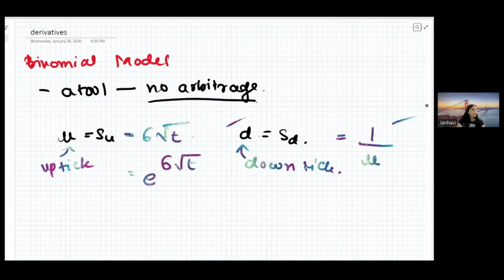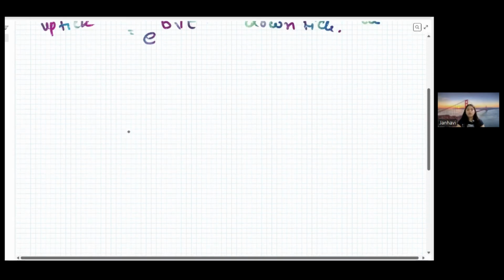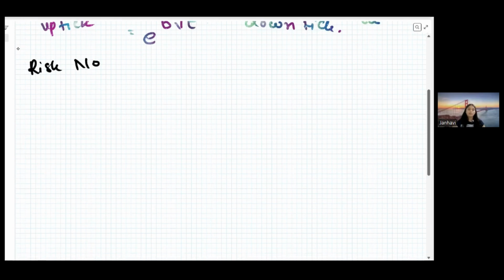Now moving on, we have to learn 2-3 topics. First is risk neutral probability. What is risk neutral probability? It tells us how much probability there is that the current spot value of that particular asset will go up or will go down.